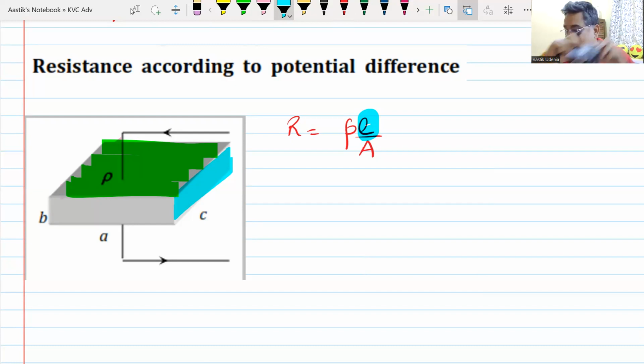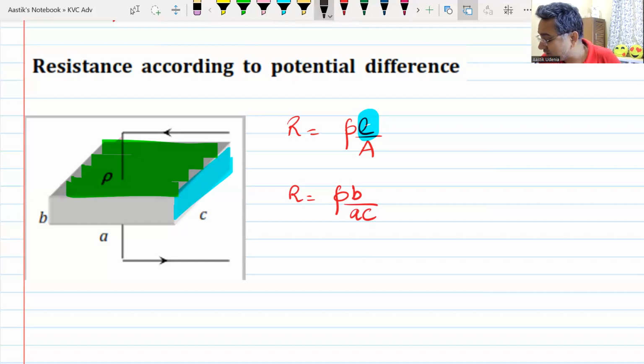The length of the conductor is this height. So B is the length of the conductor, and the area of cross section of the conductor is the area of the upper surface or the lower surface. So the resistance of this wire, if it's connected in this way, will be rho into B divided by A into C. A into C is the area, and B is the length of the conductor. Do we understand this? Yes.